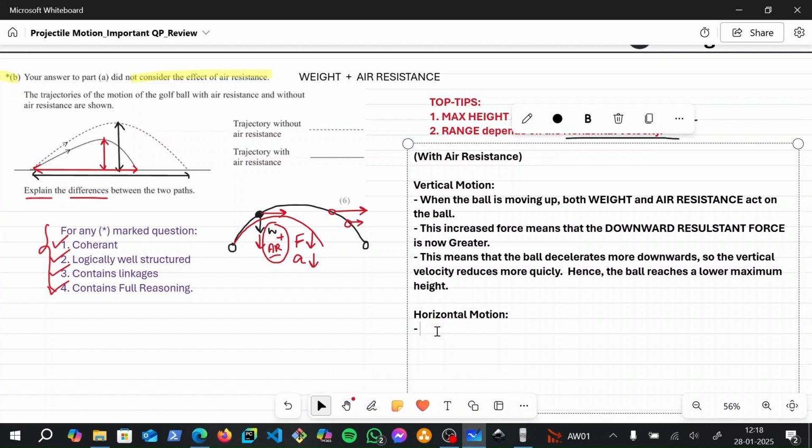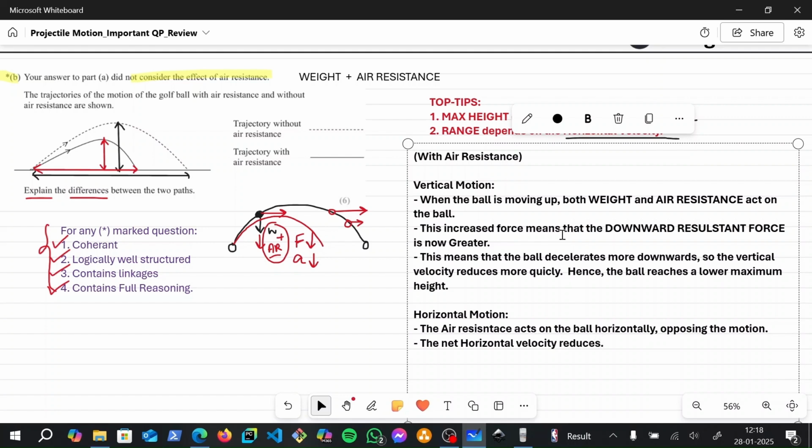So we can write exactly that: the air resistance acts on the ball horizontally, opposing the motion. Second, the net horizontal velocity, or you can also write the average horizontal velocity or the resultant horizontal velocity, reduces.